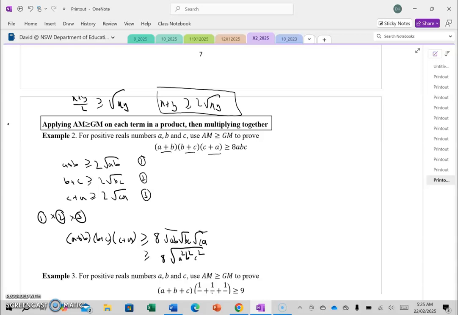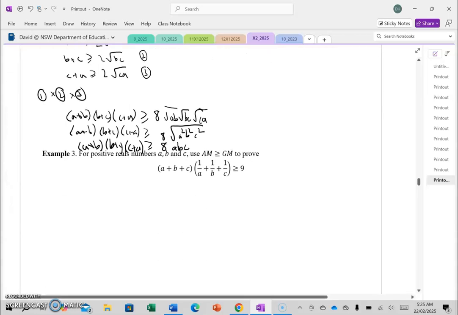However, because we know they're positive, we can drop the absolute value and just write greater than or equal to 8ABC. I'll just rewrite this quickly. Okay. Next one.